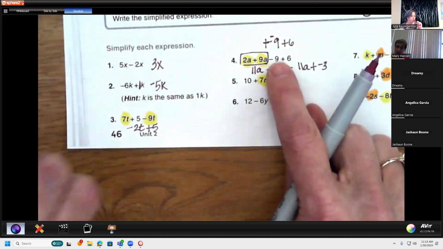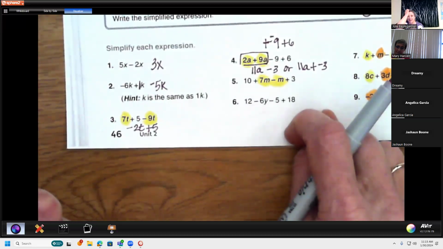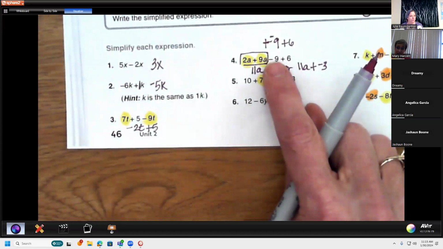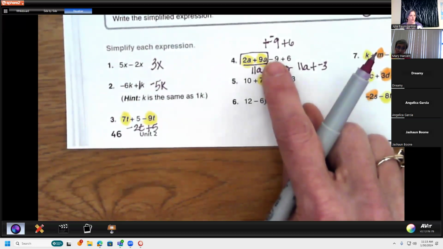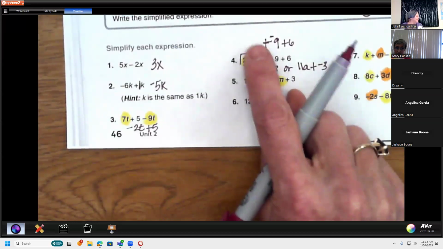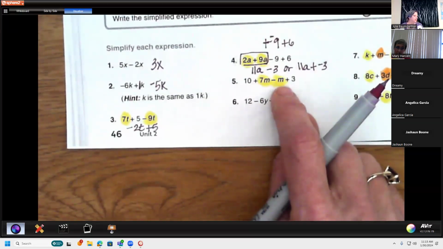So I'm just going to leave it because there's a minus sign out in front. What I'm saying is you can look at that subtract 9 and say that's equivalent to -9, because subtract is equivalent to adding the -9.